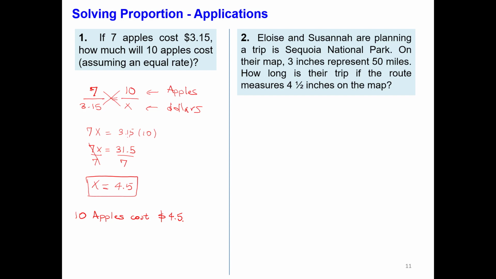Then we have 3 inches represent 50 miles. Then we have inches on top. Then here we have 4.5 inches, how many miles represent?